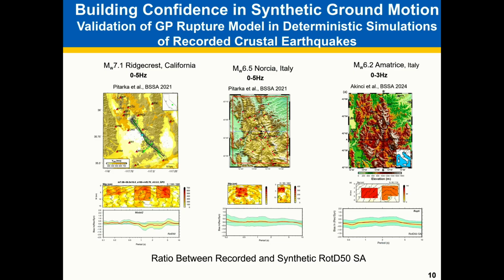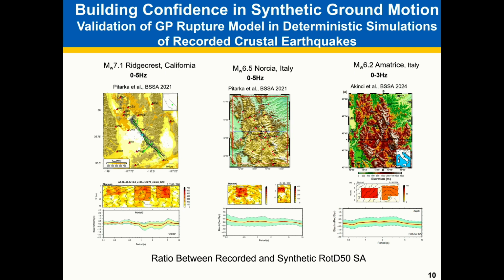But it's important to move on now to how this rupture generator has performed in other parts of the world. As Roberto mentioned, we do have two different techniques. One is hybrid and one is fully hybrid, which combine deterministic and stochastic approaches. But we also have the fully deterministic approach that we have been using here.